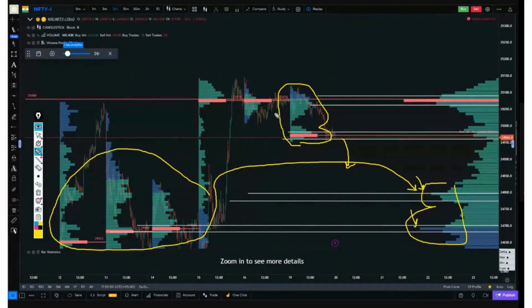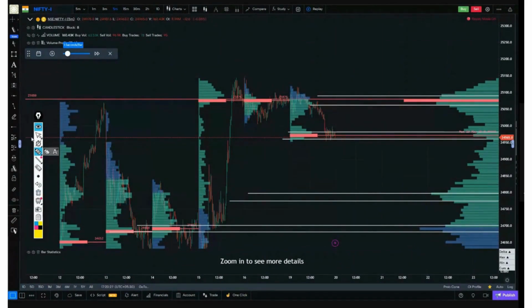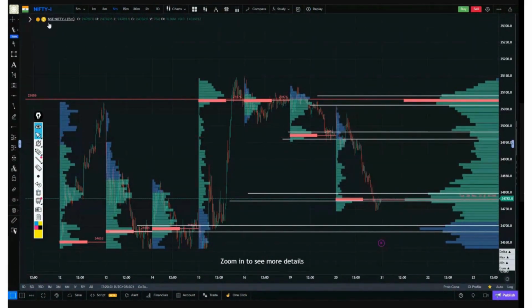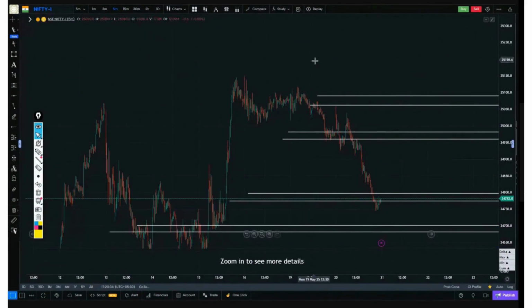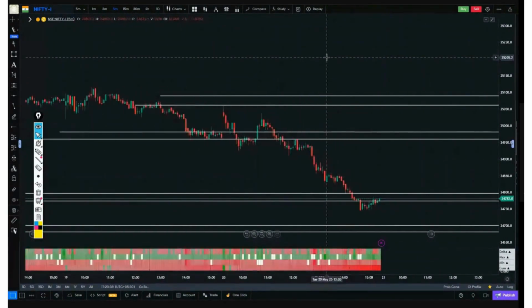Simple. First, we marked yesterday's volume profile, and then, as simple as that, we marked the volume profiles of the previous 4 to 5 sessions. So now, let's see how and where the footprint gave us confirmation on these very levels based on the confirmation of these volume profiles.